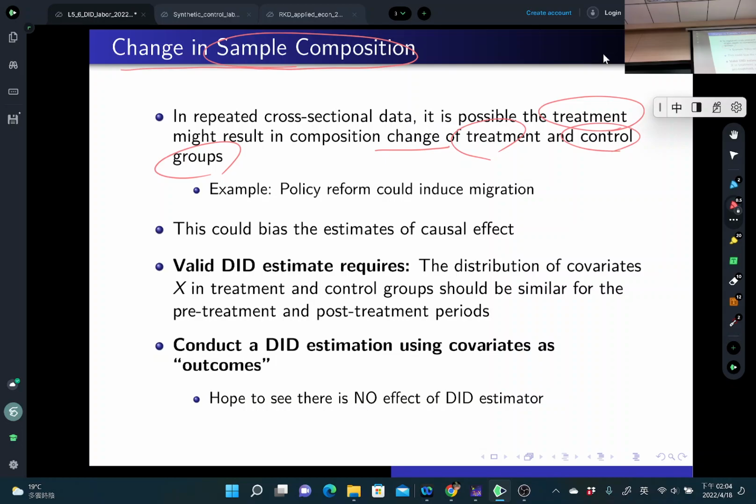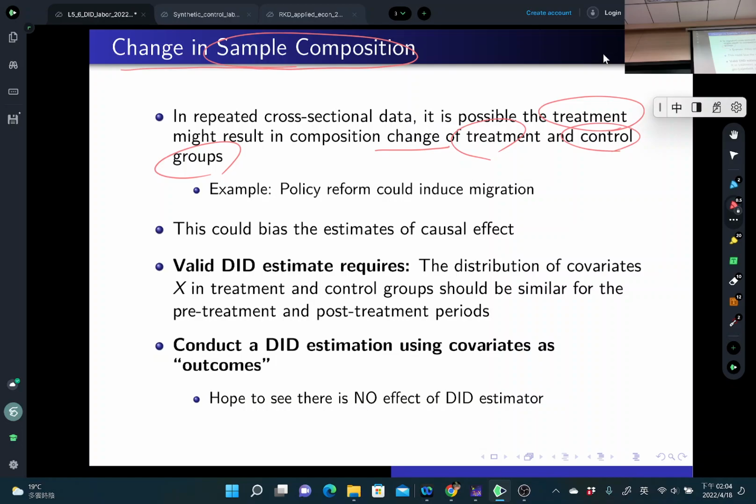Okay. So you can verify this. You just replace your outcome with a covariate as the outcome to conduct the difference estimation. For example, as I just mentioned, household income or household wealth might change due to this policy, because a lot of poor people migrate to the control city.